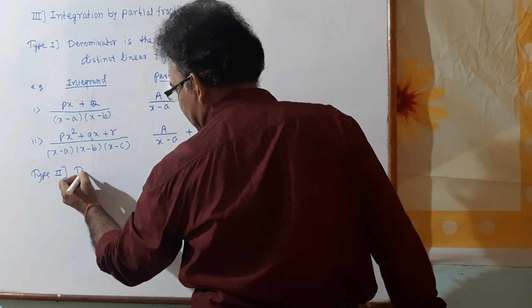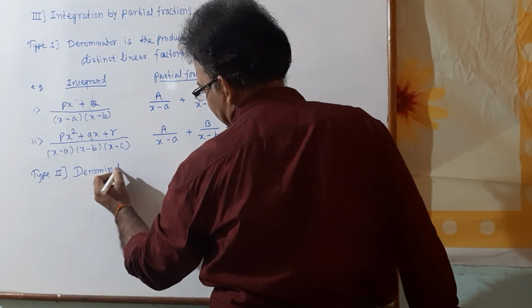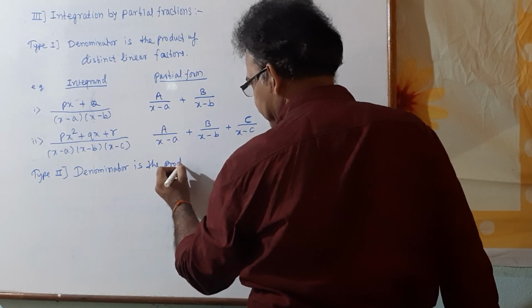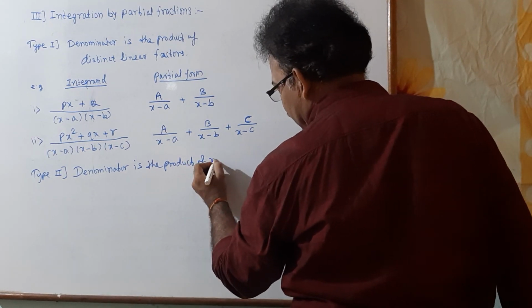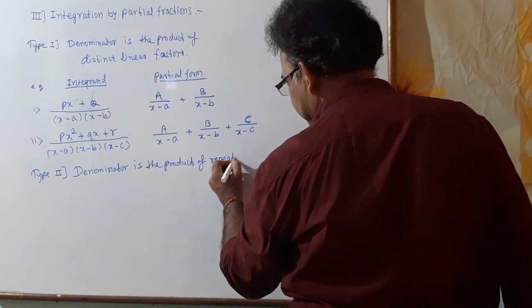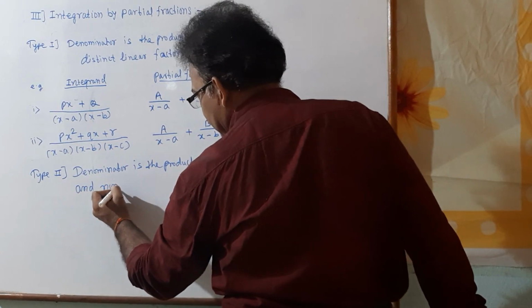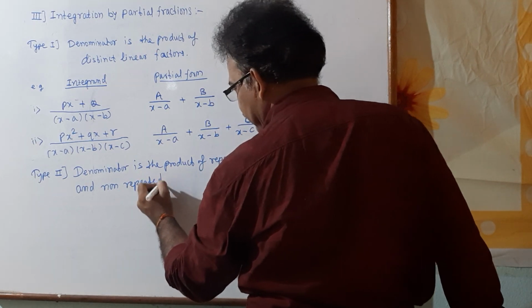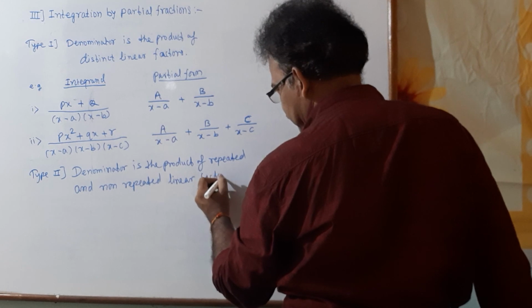The total types depend upon the form of the denominator. Here the denominator is the product of repeated and non-repeated linear factors.